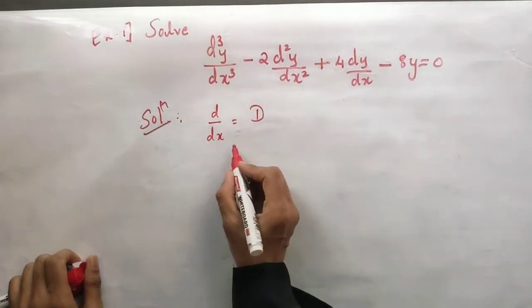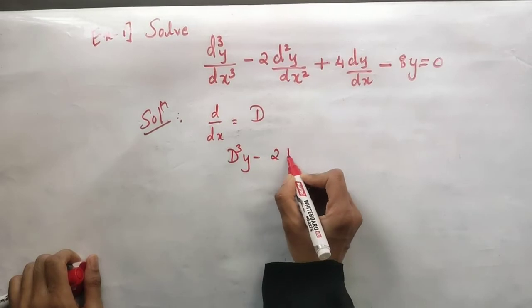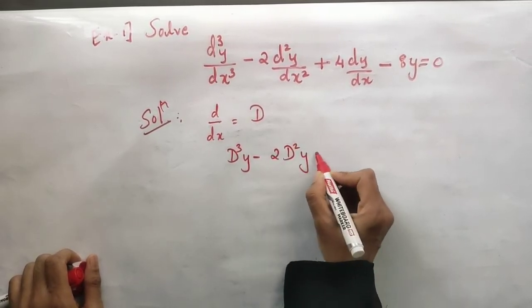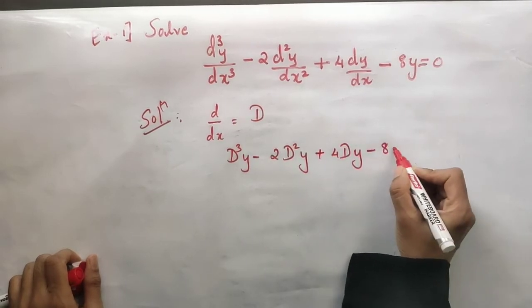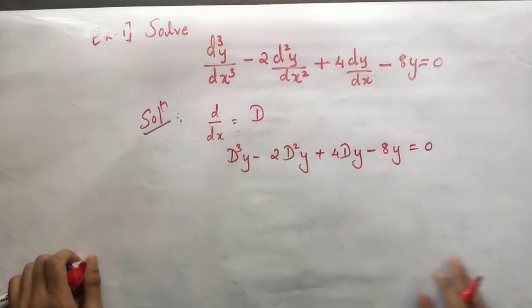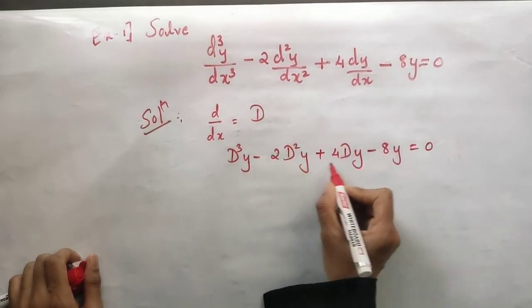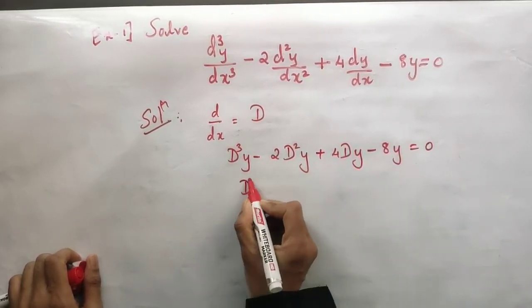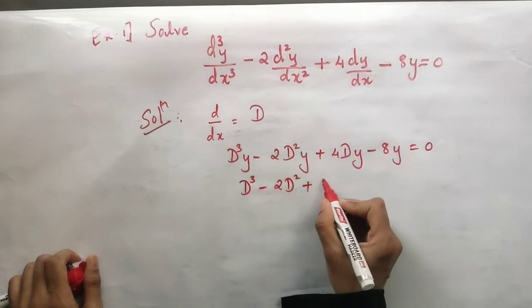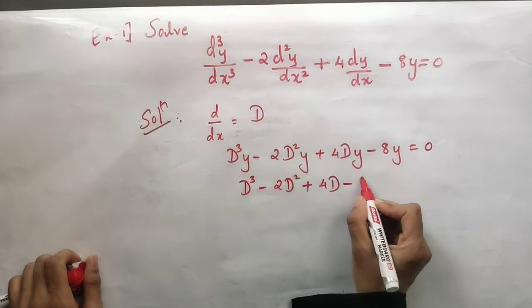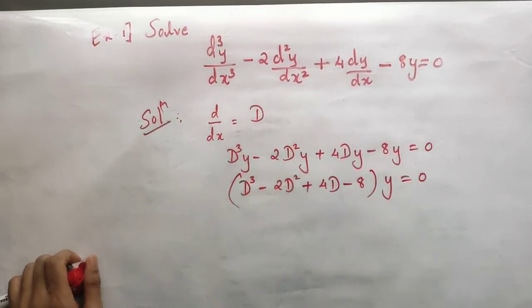So this equation will become d cube y minus 2 times d square y plus 4 times dy minus 8y is equal to 0. Now you see that y can be taken out, so it becomes d cube minus 2 times d square plus 4 times d minus 8 of y is equal to 0.